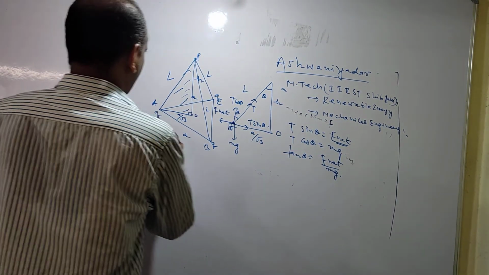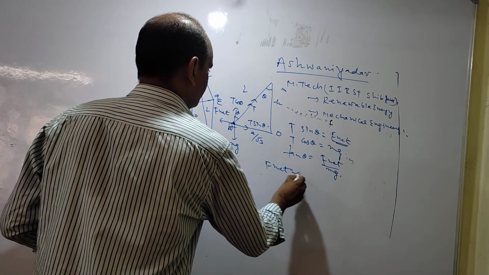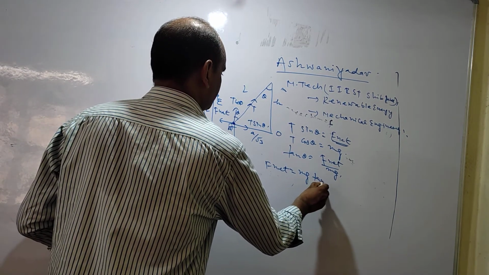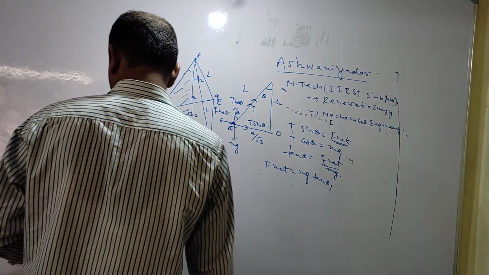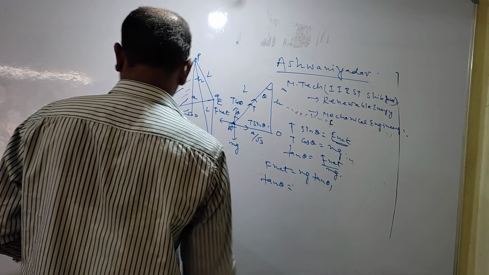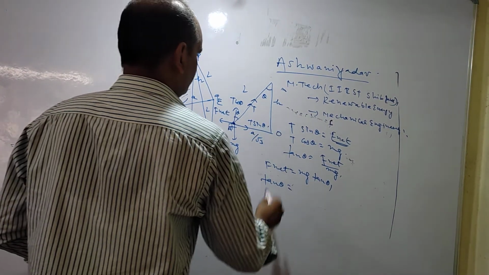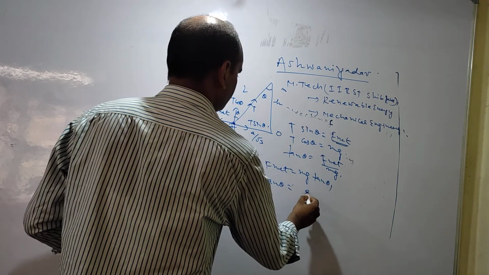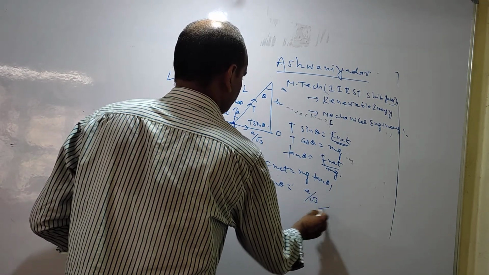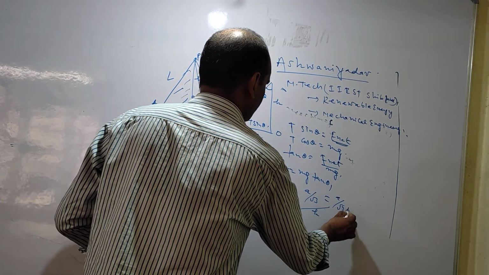We just have to find Q, then F net is nothing but mg tan theta. Now from geometry, how can you find tan theta? It is A by root 3 over H.